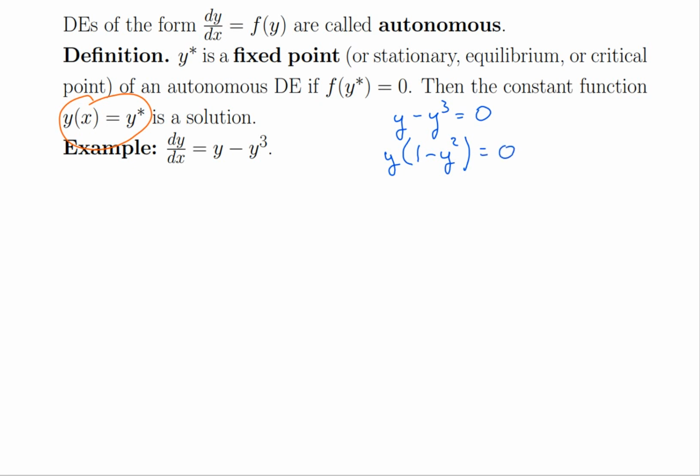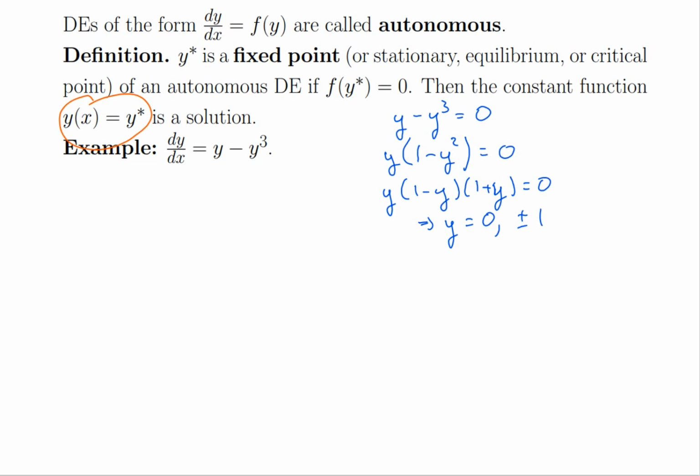And I can factor 1 minus y squared as well into 1 minus y, 1 plus y. So there's three solutions, y equals 0 and plus or minus 1. So this differential equation has three fixed points, 0, 1 and negative 1. And notice that I didn't have to do any calculus to find that. I just had to solve this algebraic equation, y minus y cubed equals 0.